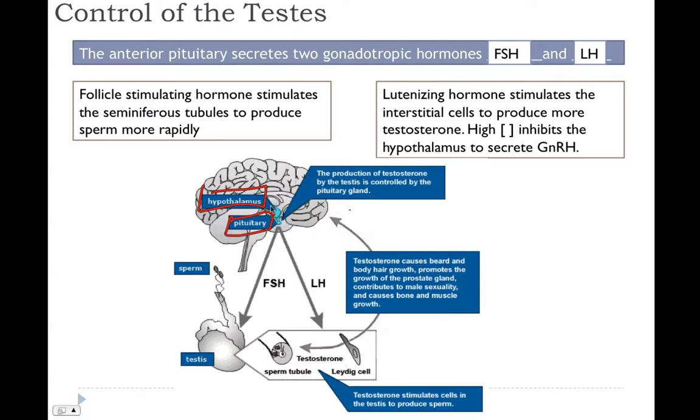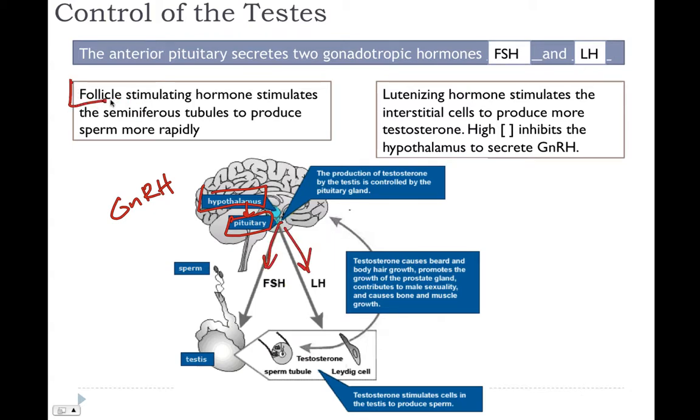The hypothalamus is kind of like our ultimate master gland up there, and the pituitary is kind of like the pharmacy. So the hypothalamus is going to release something called GnRH, gonadotropin releasing hormone, and when it releases it, the pituitary responds by secreting something called FSH and LH.